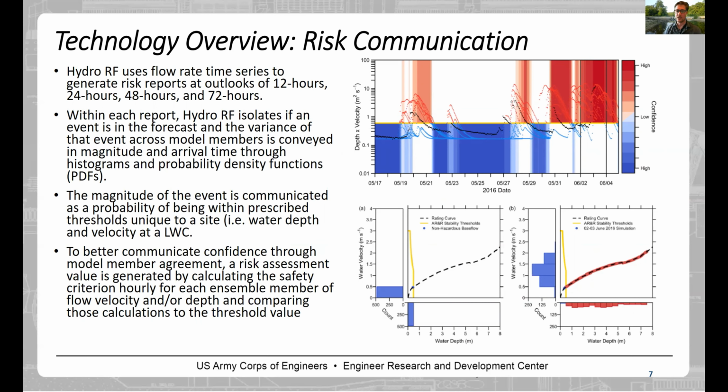So by looking at flow velocity and flow depth at the same time, we can assess risk for a certain type of infrastructure, in this case, a low water crossing, though other infrastructure can be assessed differently.